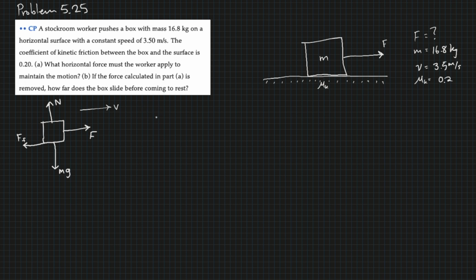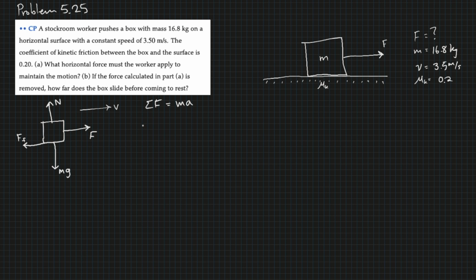So to actually do this, I am going to need to apply really the one and only equation that we have to solve force equations, and that's the sum of all the forces is equal to mass times acceleration, where acceleration is the rate of acceleration for whatever mass we're talking about.